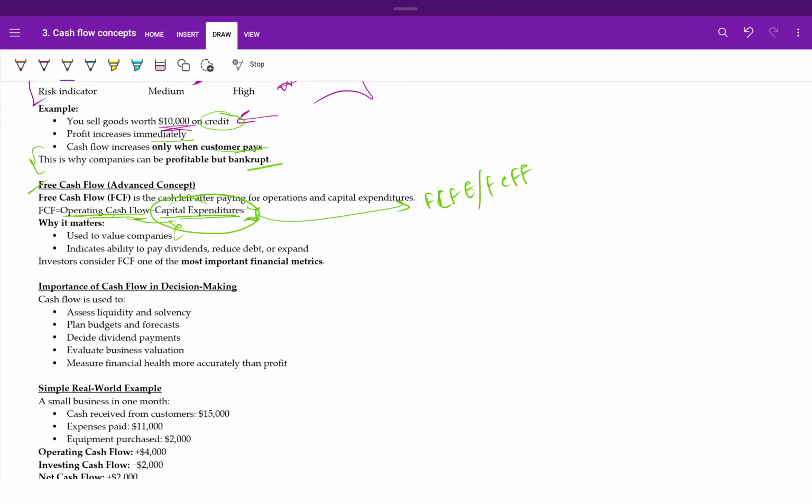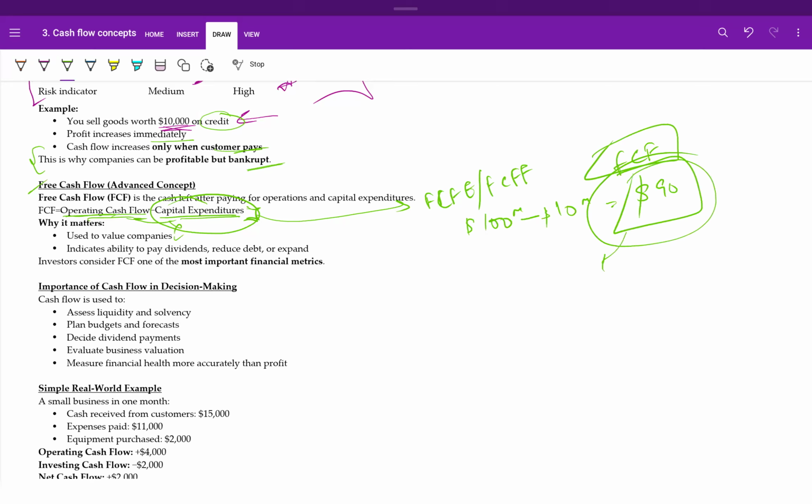Let's take a hypothetical example. Let's assume that the cash flow from operations is 100 and we have allocated a certain amount of funds for capital expenditure, let's assume $10 million. So we are left with $90 million of free cash flow. Now understand this: this $90 million is going to be the deciding factor when the investors look at our financials and compare us across our peers.